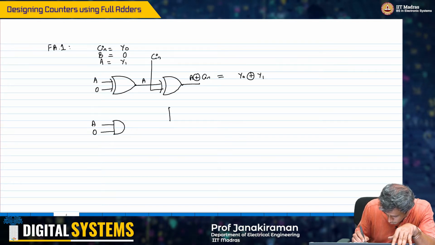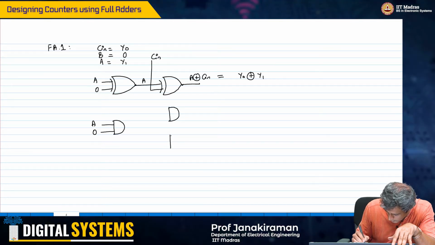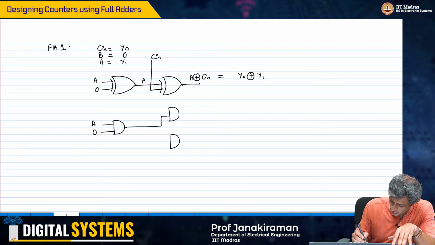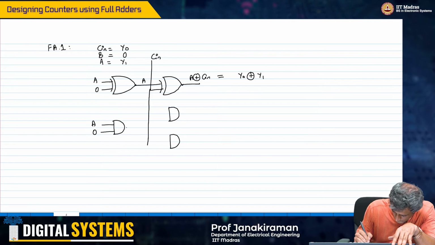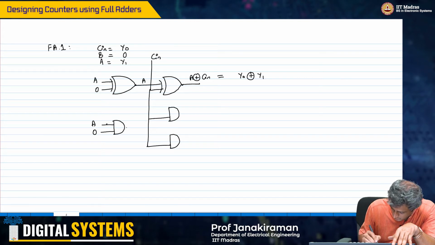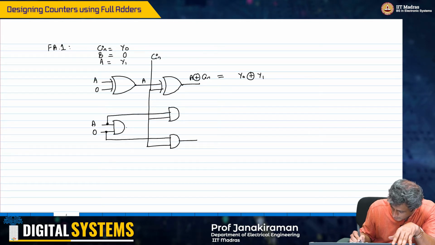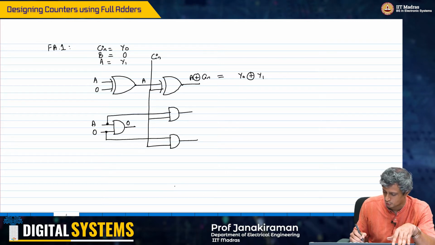I have two other AND gates. So this output is 0 because the B input is 0.